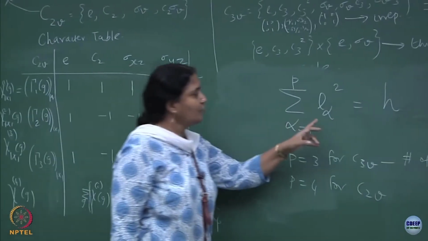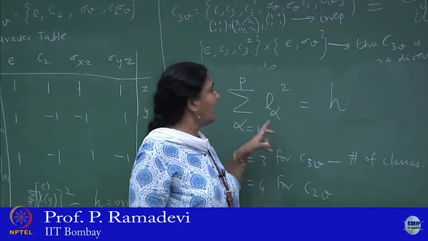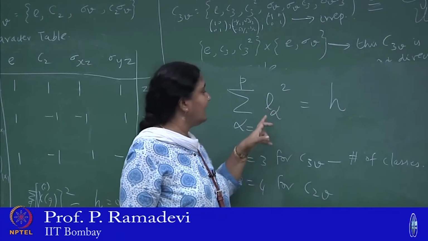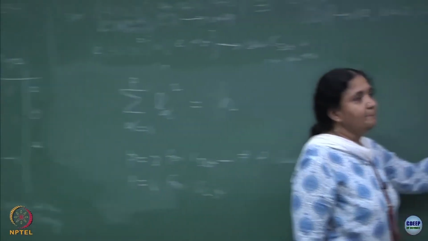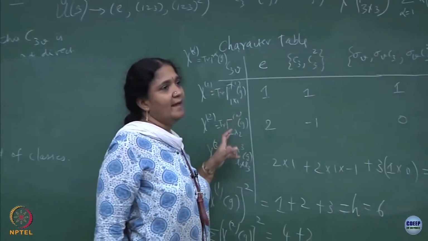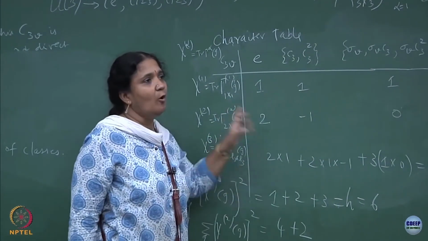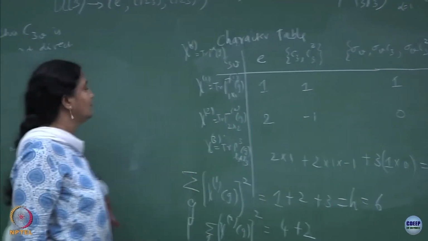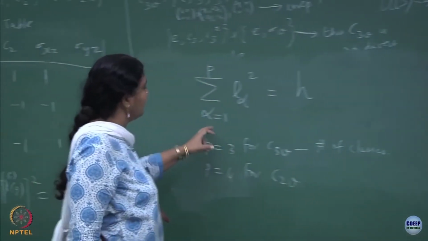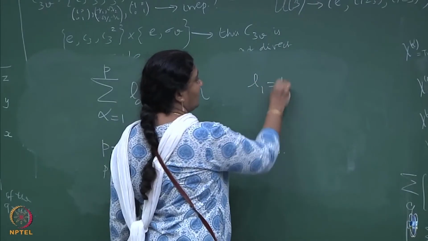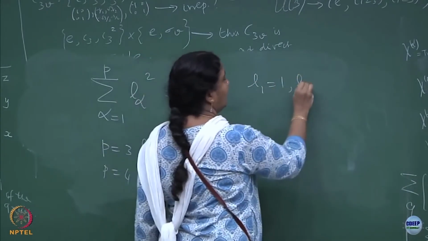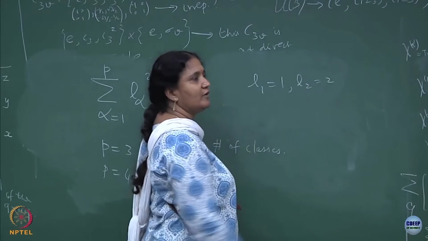And now I am putting another condition that L alpha squared, that is the dimensions of the matrices of every irrep, the square of the dimensions should add up to give me the order of the group. So, tell me what are the possibilities for C3V? L1 is 1, we have found 1, L2 is 2, what can L3 be?